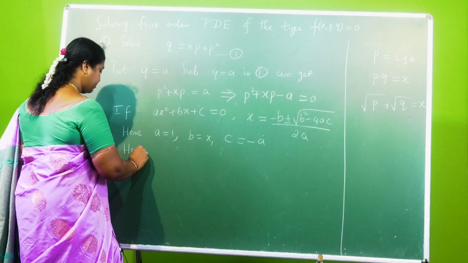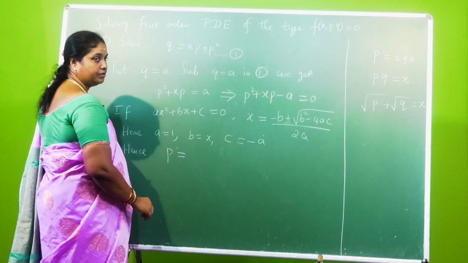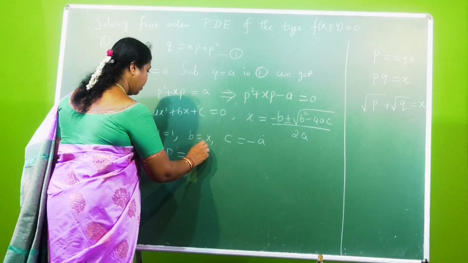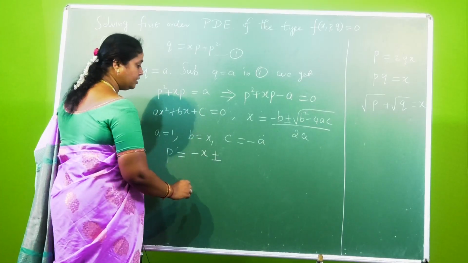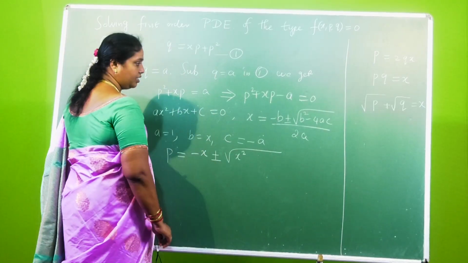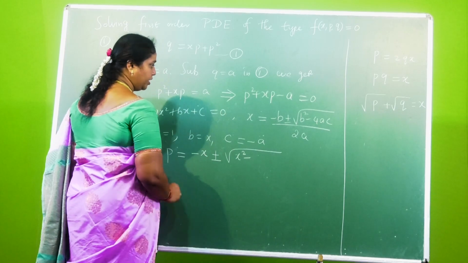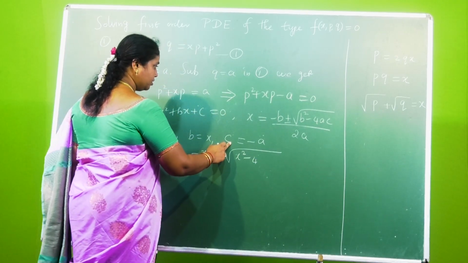Hence, p is equal to minus x plus or minus square root of b square, that is x square, minus 4 into a into c.